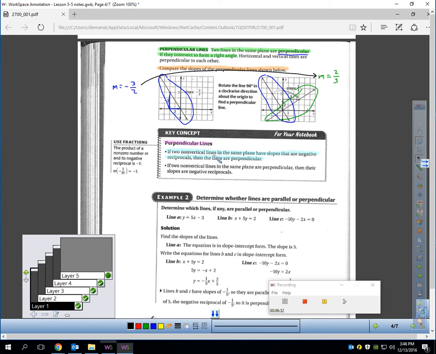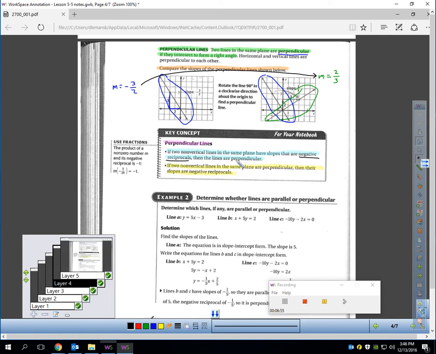If two non-vertical lines in the same plane have slopes that are negative reciprocals, so think about negative reciprocals. Reciprocal means flip. Negative means change the sign. That's what I just said. If I flip and change the sign, if I have negative reciprocals, then those lines are perpendicular.